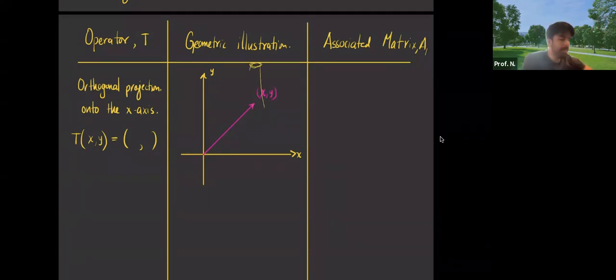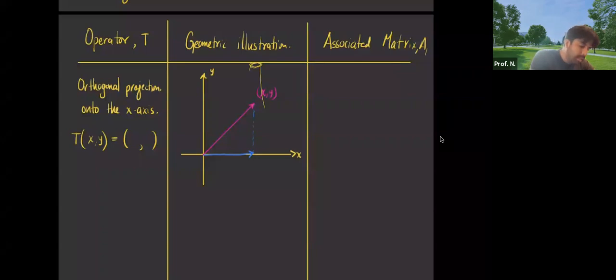Make believe this is like a table or the ground. Wouldn't it cast a shadow? And that shadow that's projected onto this ground is your projection.